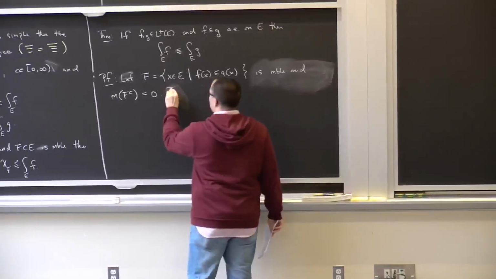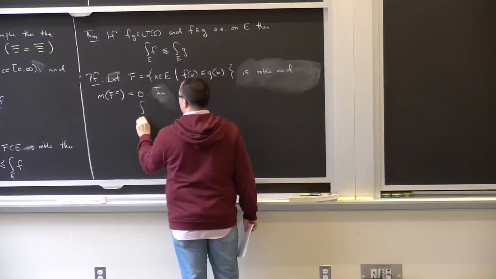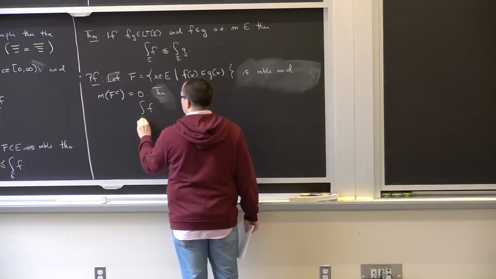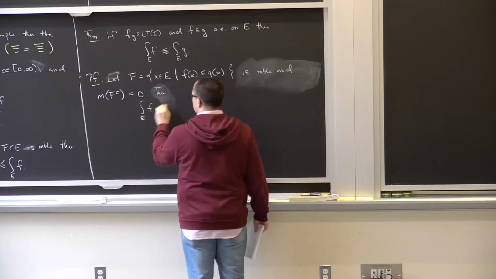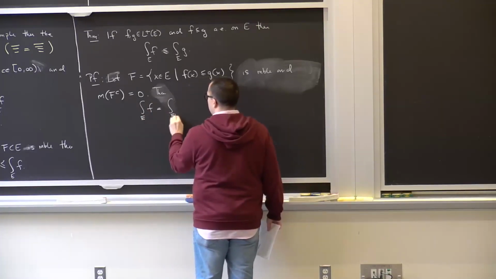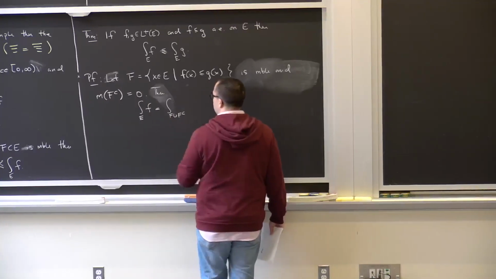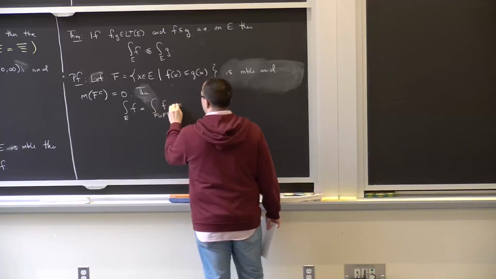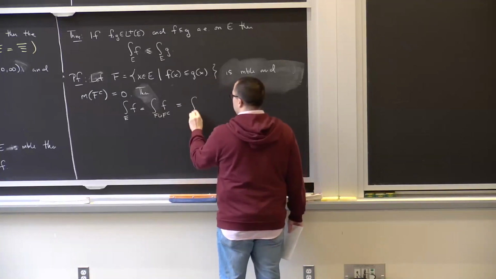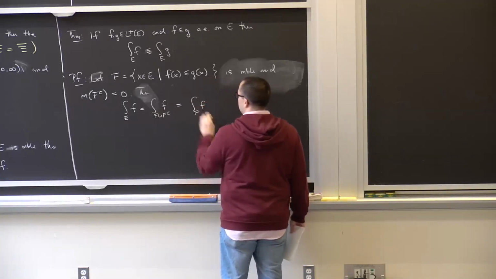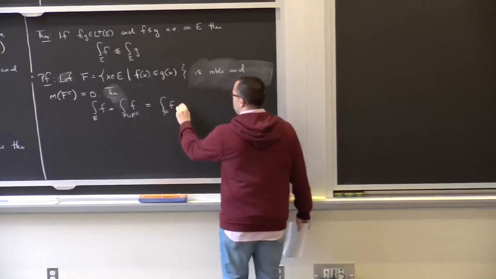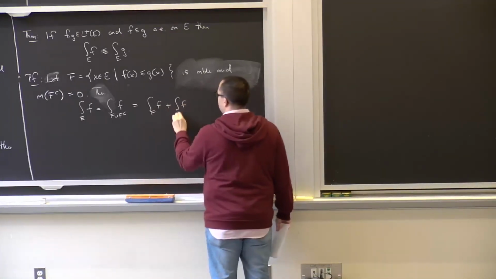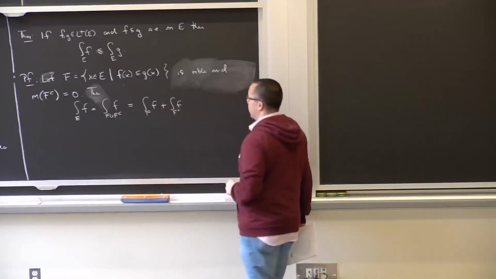Then the integral of little f over E, which is equal to the integral over E of f, the union of F and F complement here. This is equal to the integral over F of little f, plus the integral over F complement of little f.